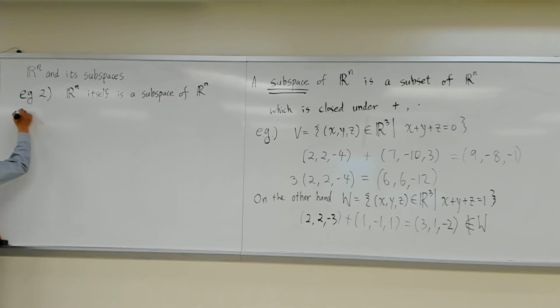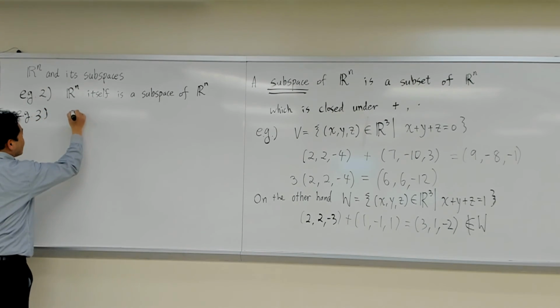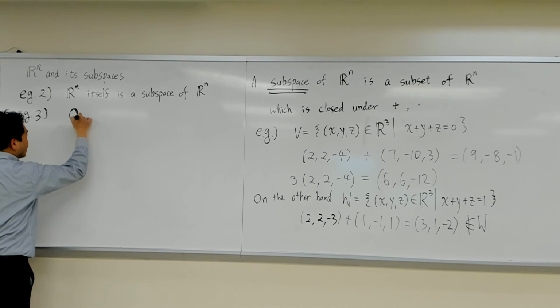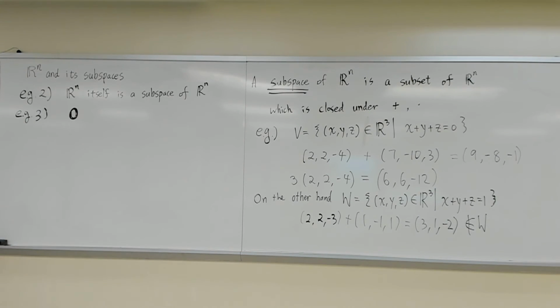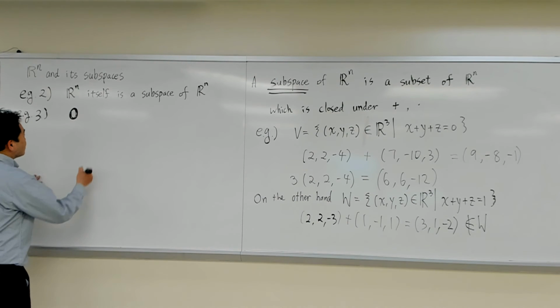And another very trivial but important subspace is 0. I'll try to be nice and make that 0 boldface, just to make it look like a set. So what is 0?